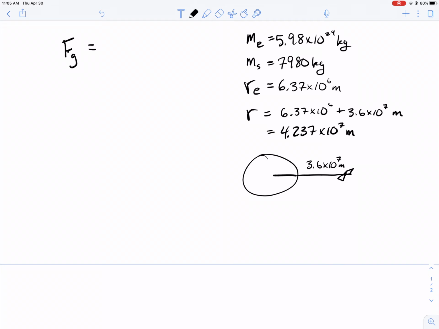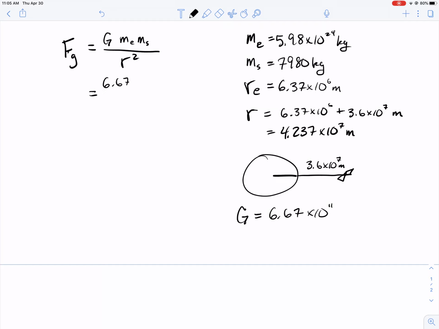Okay, and we also have G, right? G is equal to 6.67 times 10 to the minus 11. So let's plug that in. We have G, M of the Earth, M of the satellite over R squared. 6.67, you can fast forward this if you want. 5.98 times 10 to the 24, and 7980, not a terribly big number.